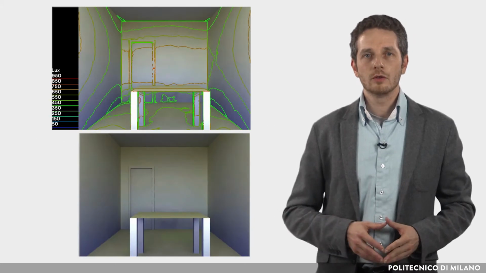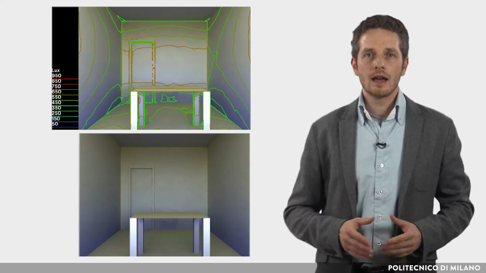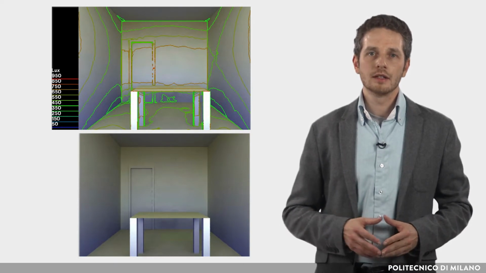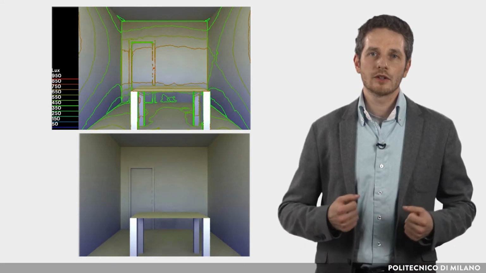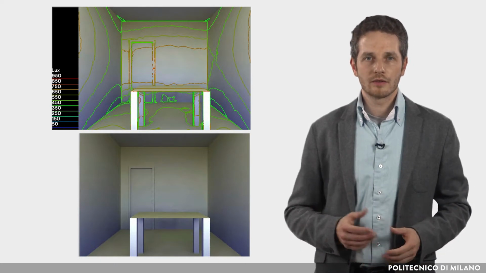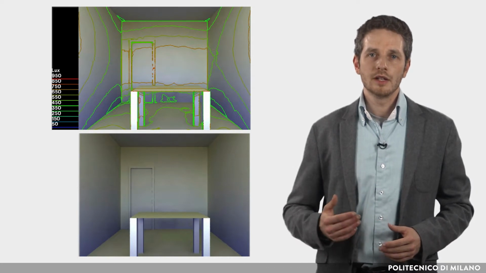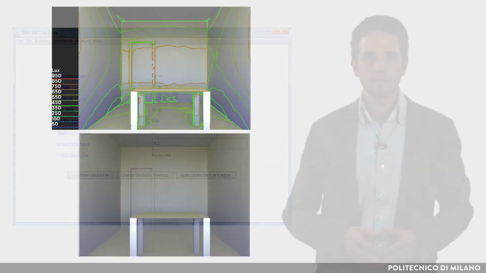Output consists of luminance and illuminance values and appearance to the eye of the lit space, and they can be plotted in tables or imported in calculation grids by other graphical interfaces. Also, it can provide photograph quality images and video animations.